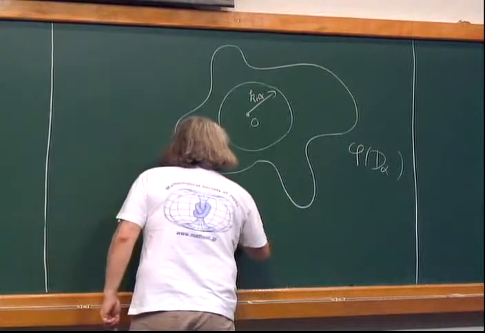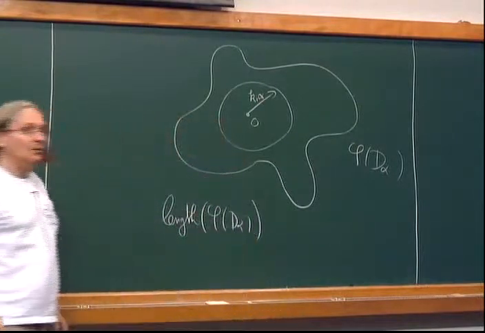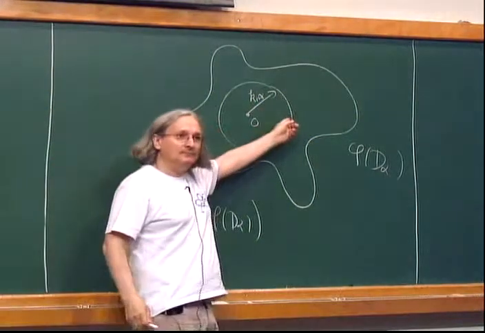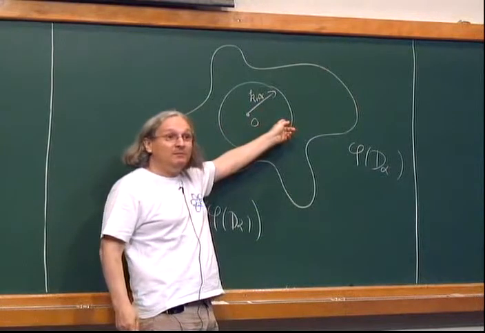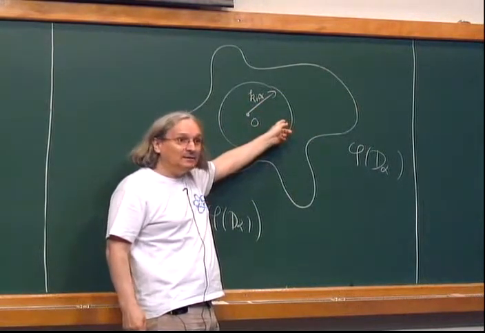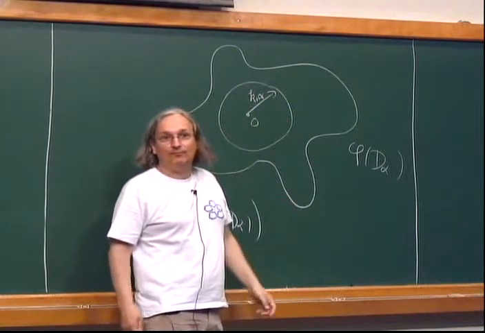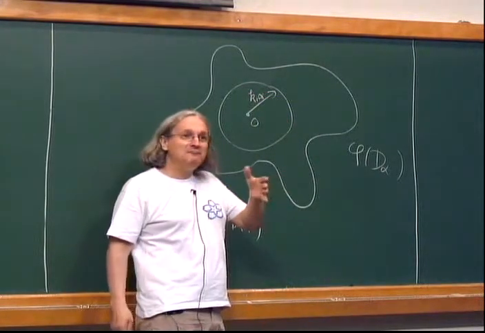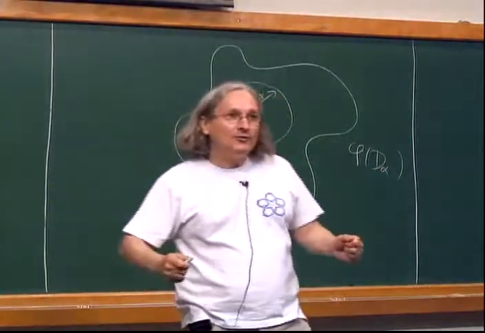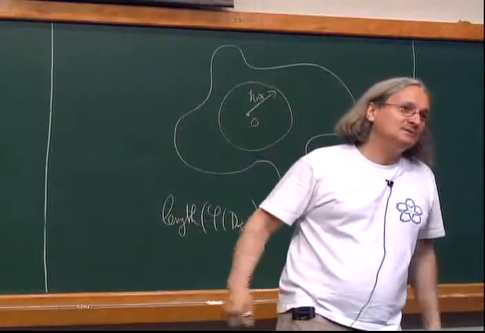Well, on one side, I have a curve going around the disk of radius k1 alpha. So its length is at least the perimeter of this disk. Is that clear? If you have a curve going around the disk, the length of the curve is at least the perimeter of the disk.